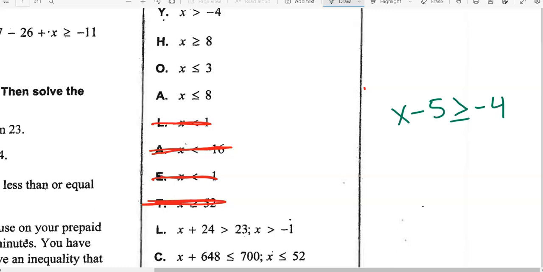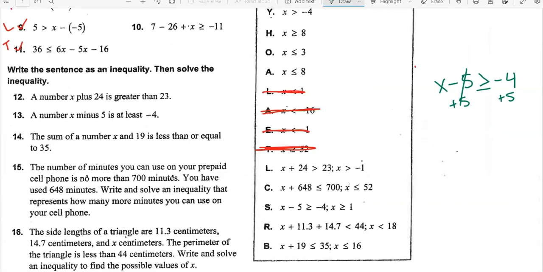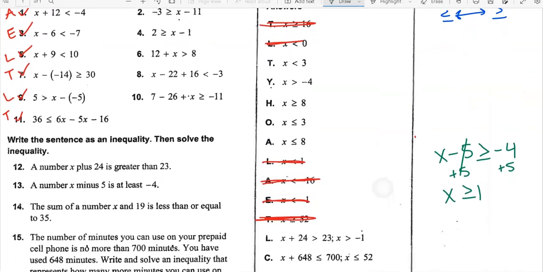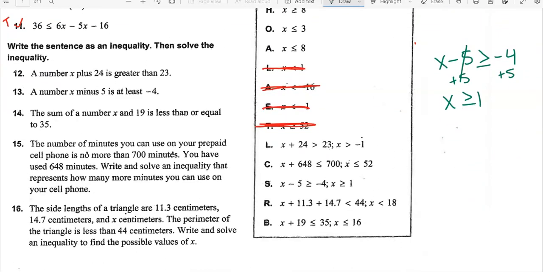Tell me what to do. Add the 5. Do I flip my sign? Nope. So we have x greater than or equal to what number? 1. Is that on my list? Where is it? S. Oh, there you go.